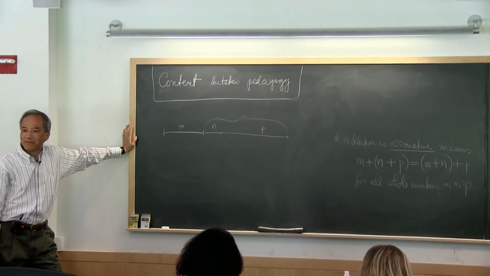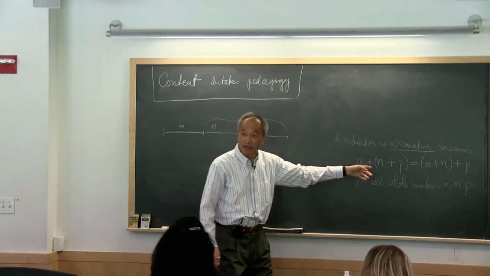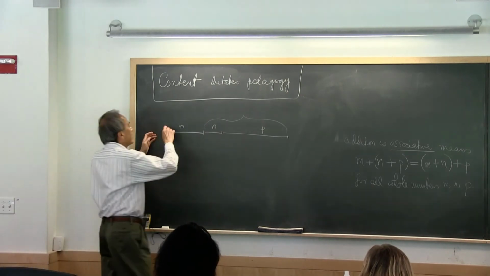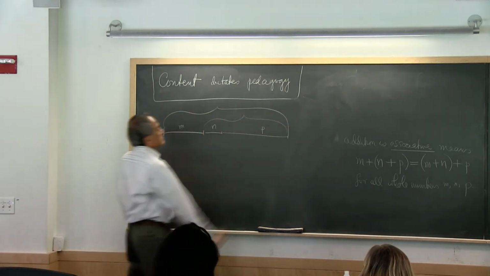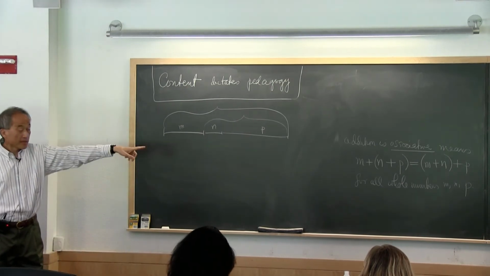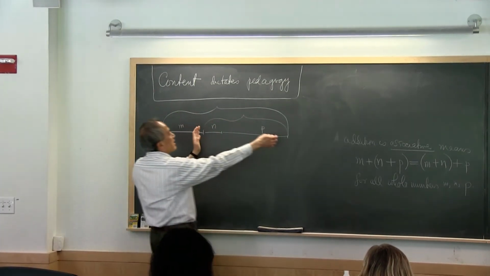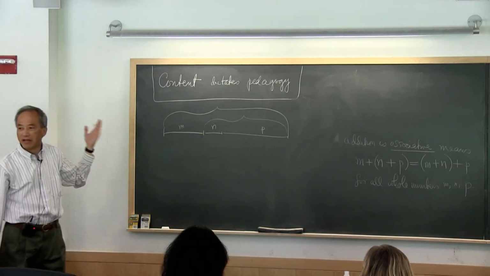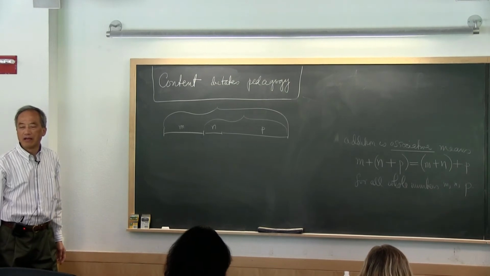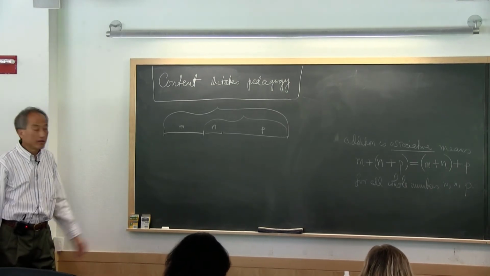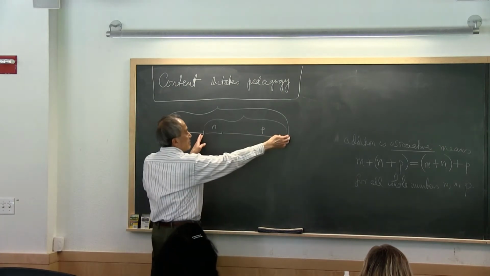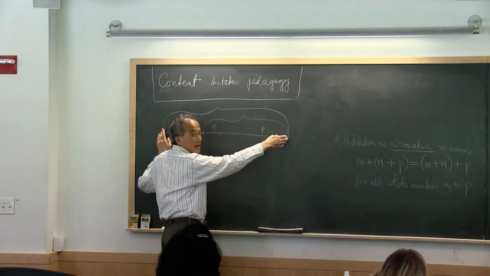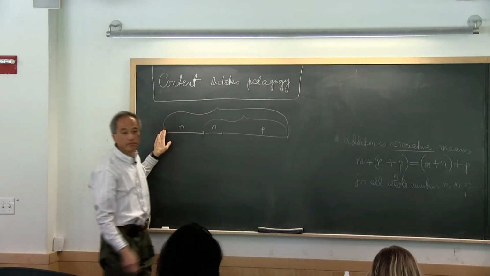You've got that length. Then m plus that means what? You look at this and this put together. Well, then you have this length, right? So the left-hand side is nothing but put this together first, and then put it together with the first one. That's n plus p first, then m added to them.